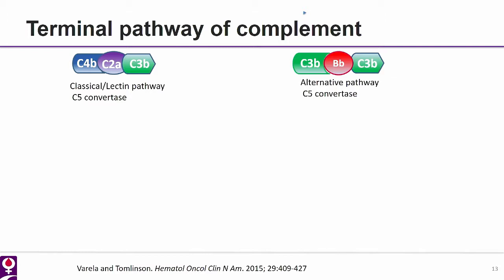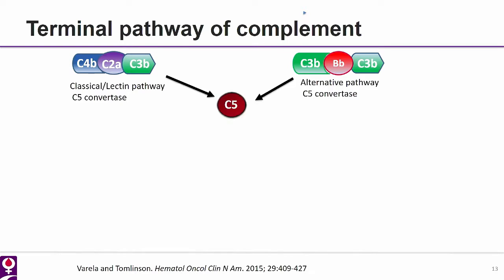So now all these three pathways make C5 convertase. The classical pathway and lectin pathway make the C4b, C2a, C3b C5 convertase, and the alternative pathway makes the C3b, Bb, C3b C5 convertase. These C5 convertases can initiate the terminal pathway of complement activation.